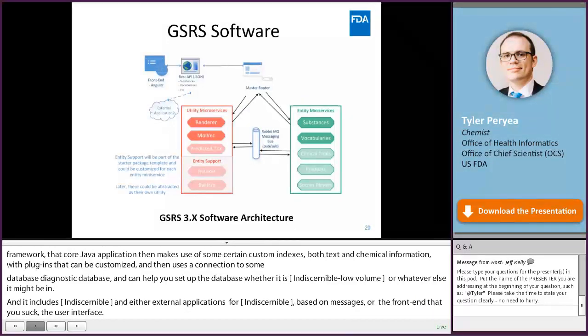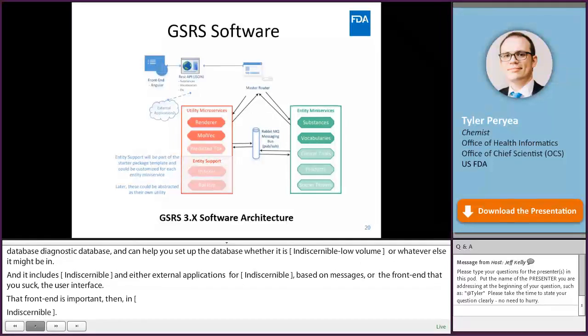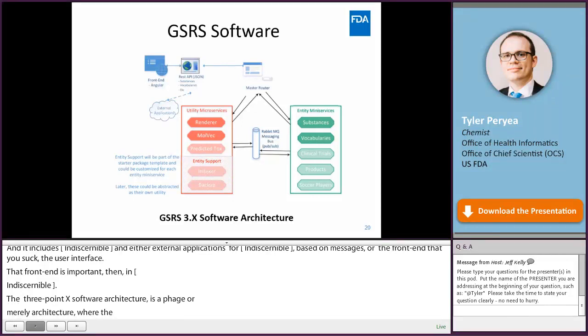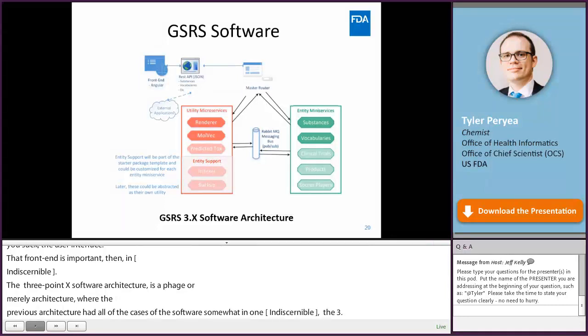The 3.x software architecture, and 3.0 is imminent as I said, is a fairly major rewrite. Whereas the previous architecture had all the pieces of the software somewhat in one monolith with just little areas for customization, the 3.0 software architecture is much more of a microservice one, where there are specific entity services for substances and for vocabularies and for other things, and then there are isolated other microservices that do a certain task.